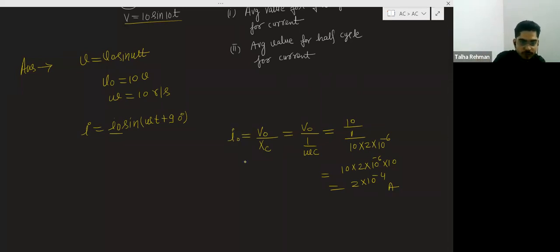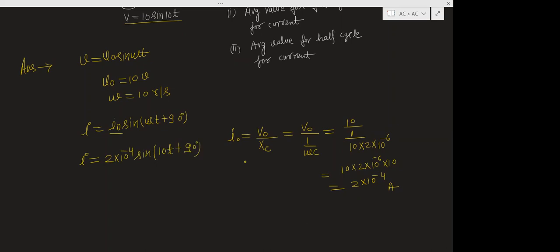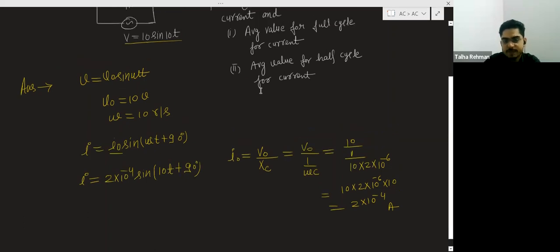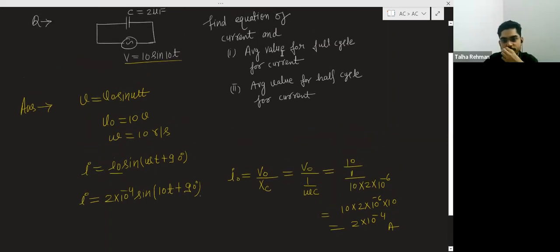So your equation of the current will become I is equal to, we have the value of I naught, 2 into 10 to the power minus 4, sine, we have omega, 10t plus 90 degree. And they are asking in the second part, the average value for full cycle.